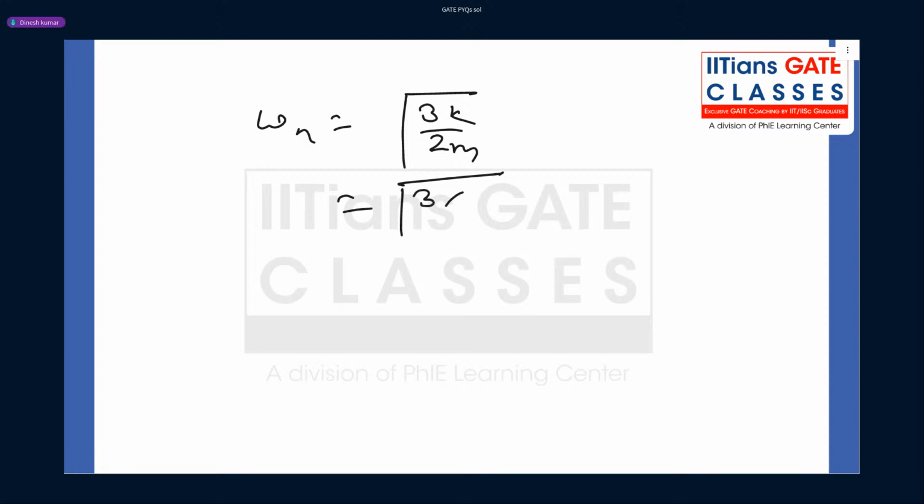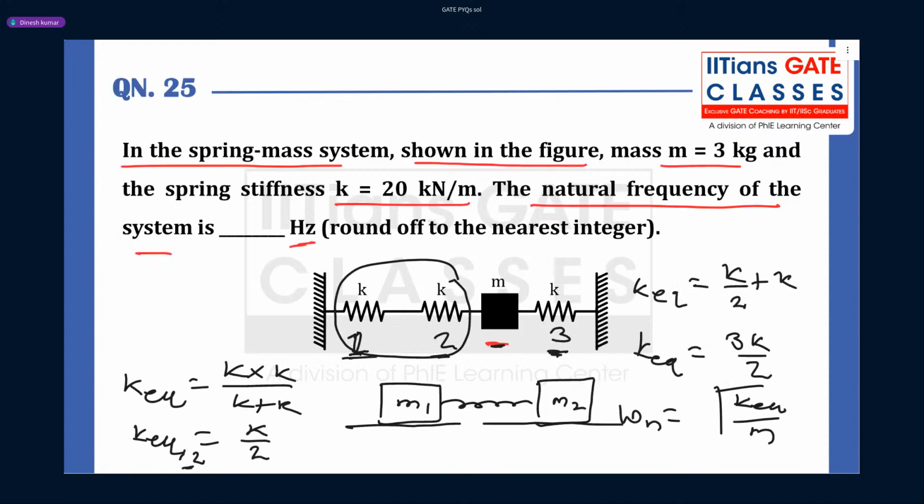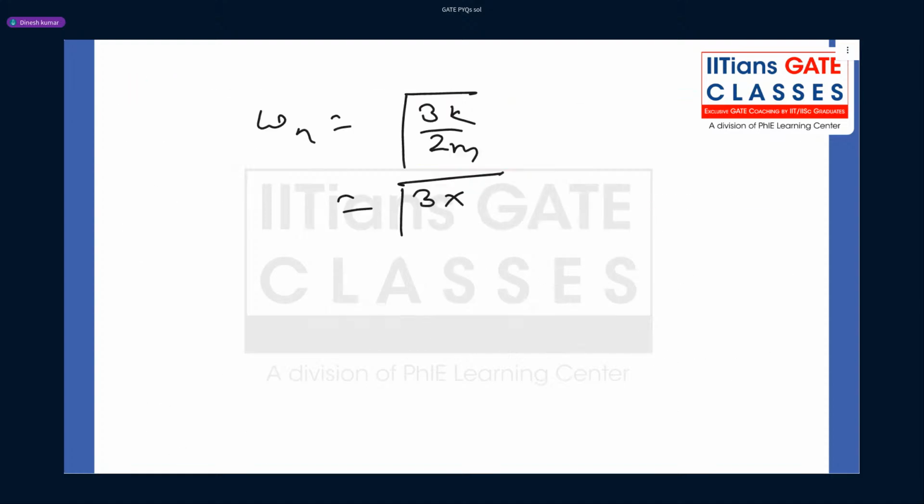Now guys, k is given as 20 kilonewton per meter. Make sure you first convert it into newton per meter. So it is 20 into 10 to the power 3, 2 into the mass, which is 3 kg.